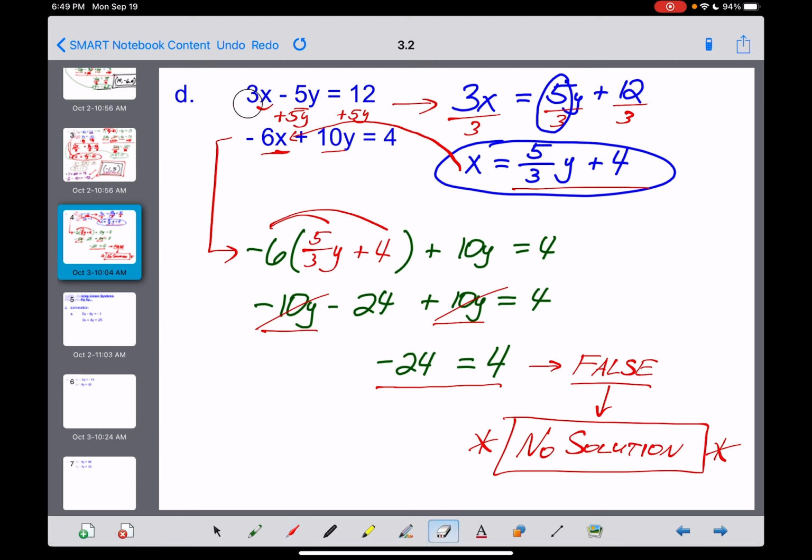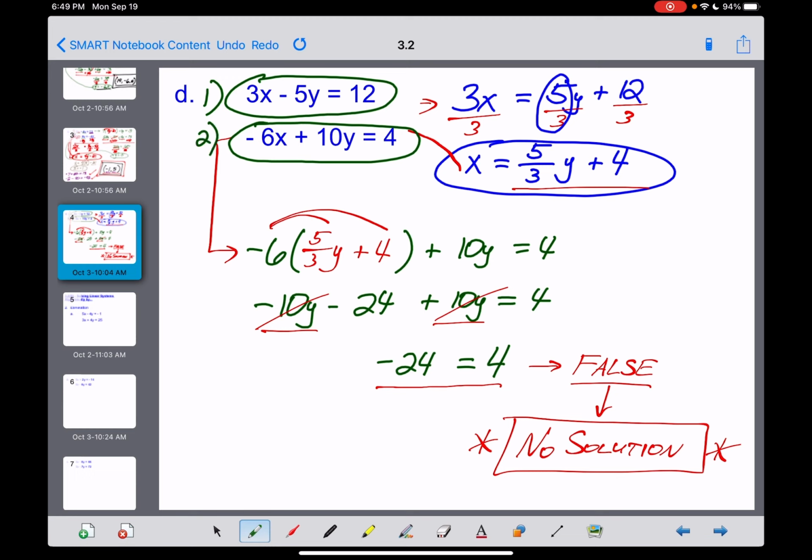So let's kind of review what just happened here, guys. We were given a system of equations at the beginning here. There are an infinite number of solutions to this equation. And there are an infinite number of solutions to this equation as well. But what we were looking for is a solution that worked both in equation 1 and in equation 2 simultaneously.